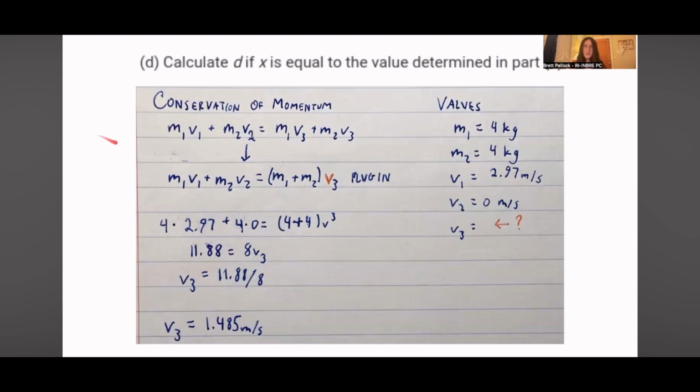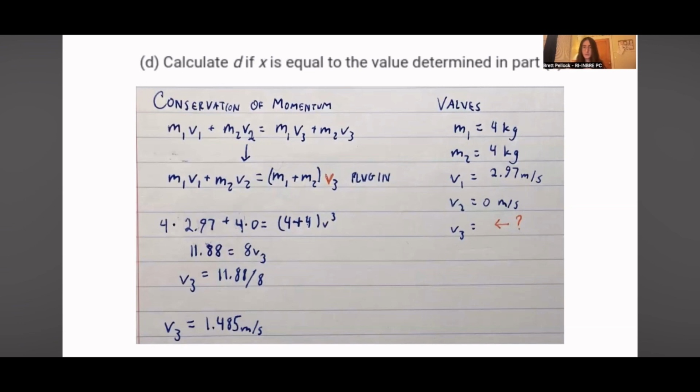So we can say that m1 times v1 plus m2 times v2 equals m1 times v3 plus m2 times v4.